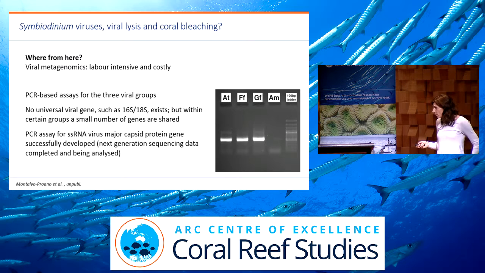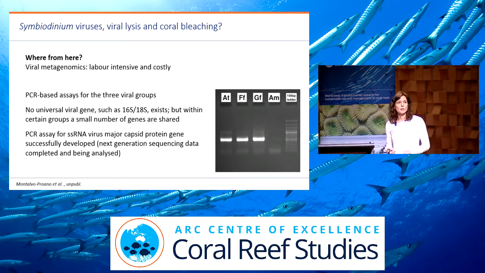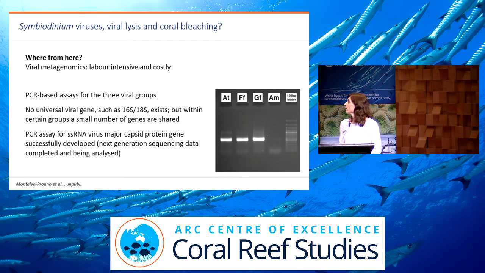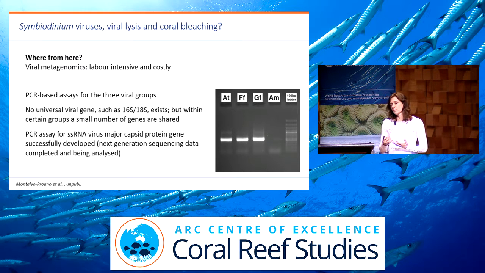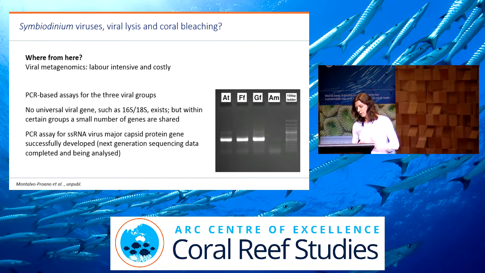For this particular single-stranded RNA virus, we targeted one of the structural genes, the major capsid protein gene, and we managed to design PCR primers, and we sequenced these amplicons, and they are specific, and we are analyzing them at the moment. So if we do this for all 3 groups of viruses, we can start testing this viral lysis of coral bleaching hypothesis a little bit further.